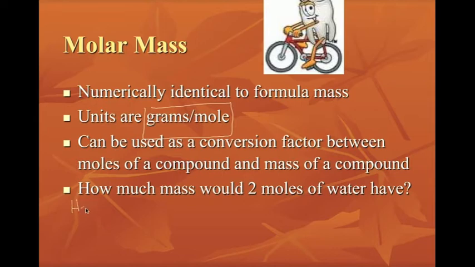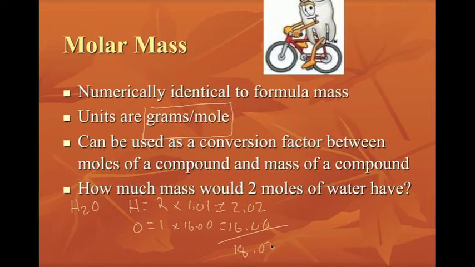But we're going to go ahead and work it all the way out. Now water is H2O, meaning we have hydrogen and oxygen in the compound. Okay, and we have 2 hydrogens and 1 oxygen. We multiply those by their molar mass, which is on the periodic table, which equals 2.02 and 16.00, which gives us a total of 18.02.